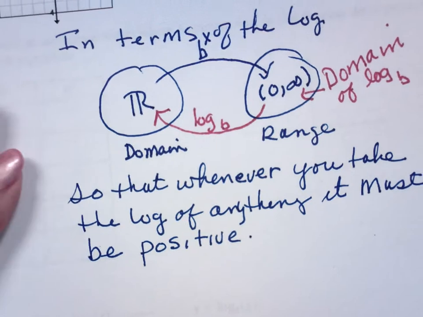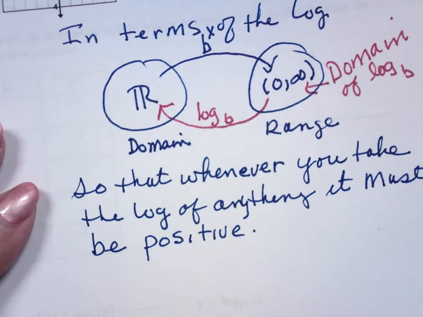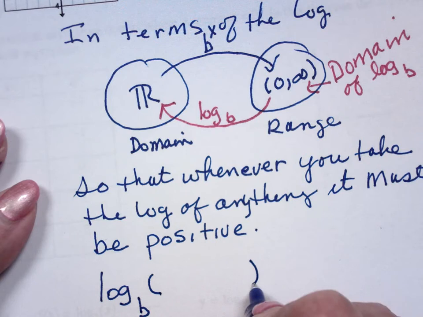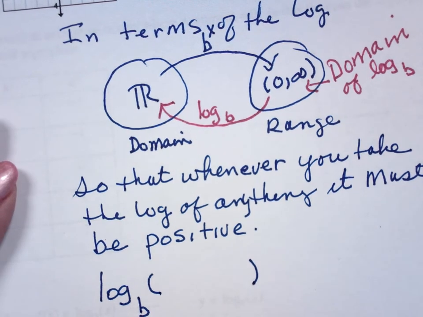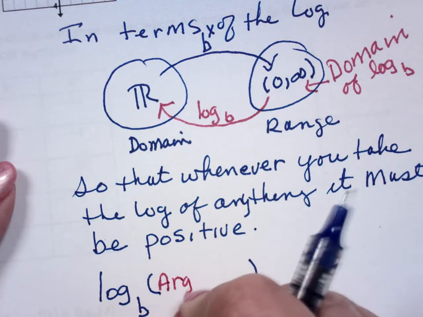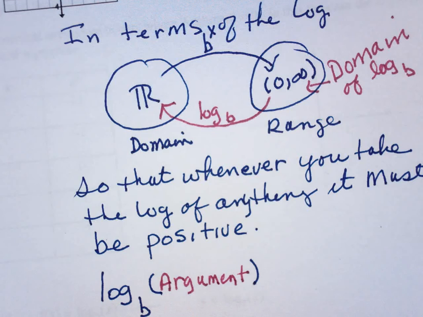Now, what you're taking the log of has a name, in log base b of that thing. That thing we call the argument. Remember, rational functions have denominators, and radicals have radicands.